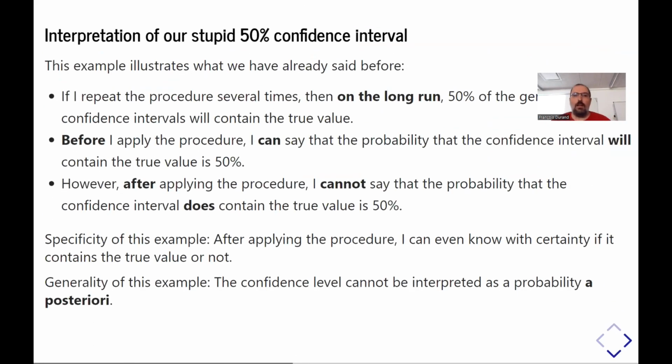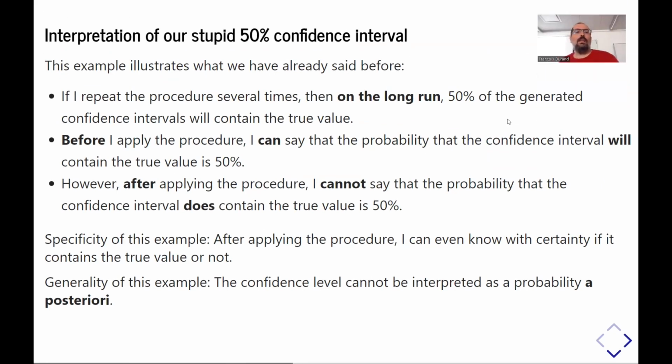Okay, so just repeating what I've already said. If I repeat the procedure several times, sometimes B will be equal to 1, sometimes B will be equal to 0. And in the long run, 50% of the times, the confidence interval will contain the true value. Before applying the procedure, I can say that the probability that the confidence interval will contain theta is equal to 50%.